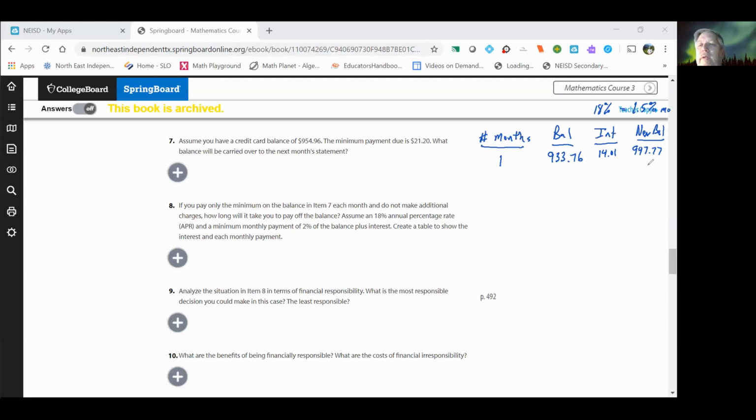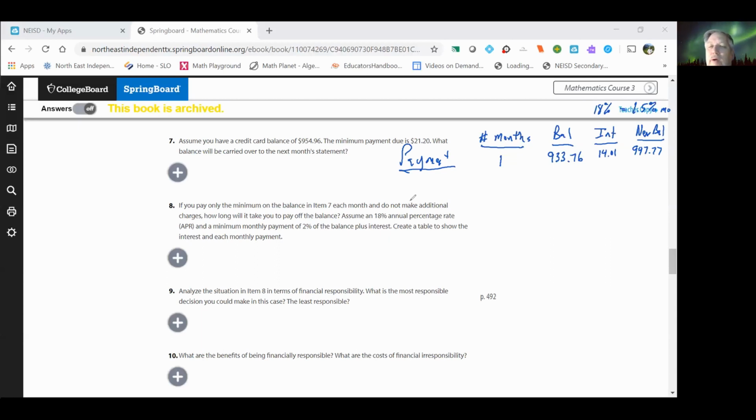Now, what we're requiring right now is a payment. So the payment requirement, I'll put that over here. The payment is going to be 2% of the balance plus the interest. So it's going to be this 947.77 times 2%, 0.02, and that's going to be $18.95 plus the interest of 14.01.